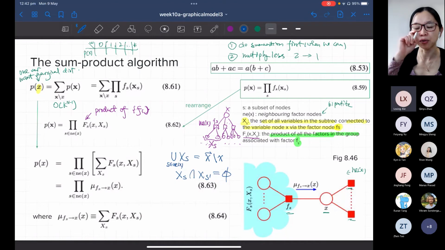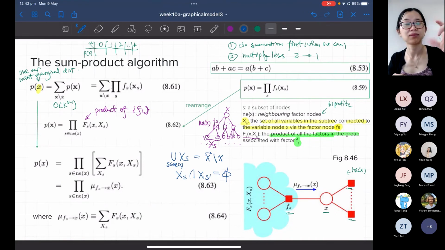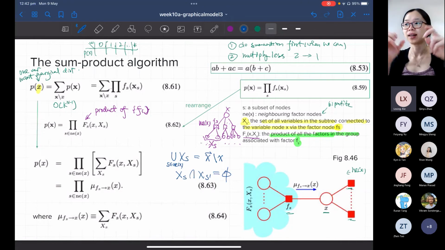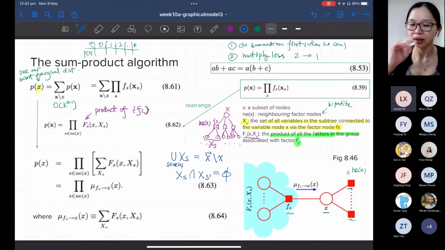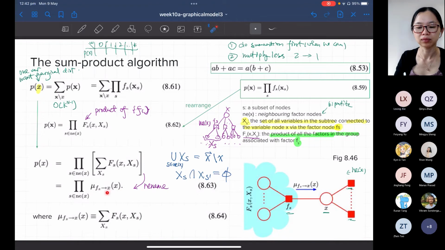Okay, I hope you're still following, right? And being able to move the summation sign inside is sort of in the same spirit as what we did with the chain graph last time. We'll see this again. And once we have done this, we are just going to rename this sum over these big F's as a mu term.